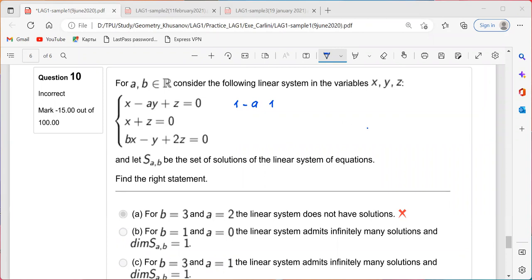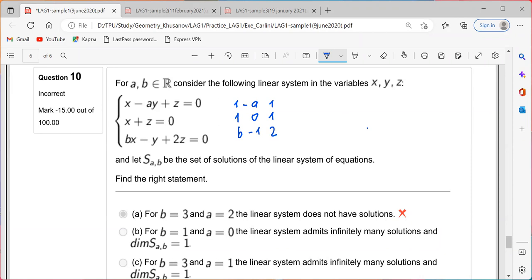Okay, so the second one will be 1, 0, and 1. Then B, minus 1 and 2. And then we have to reduce.